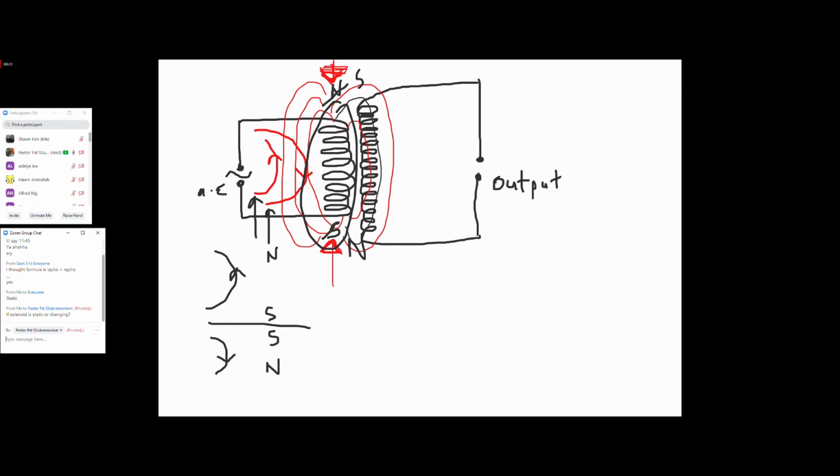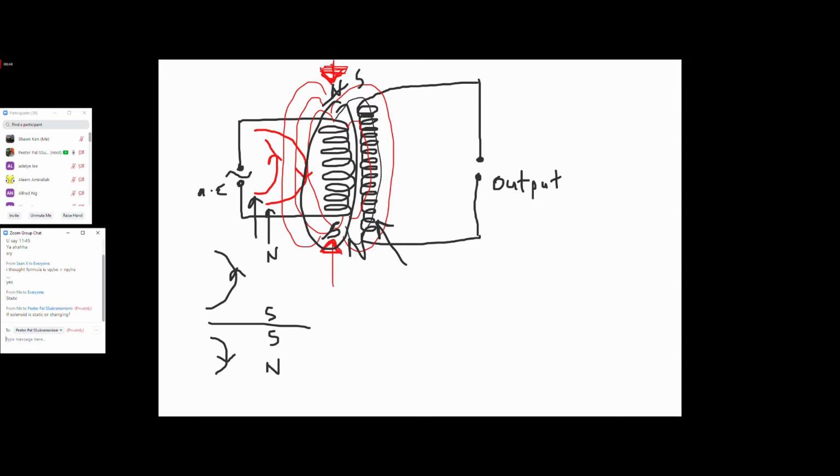Okay. So the secondary coil will experience changes of flux with changing direction.